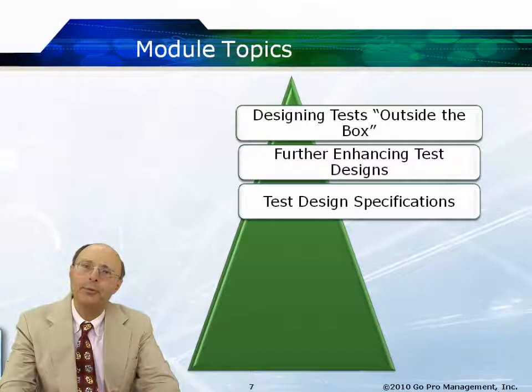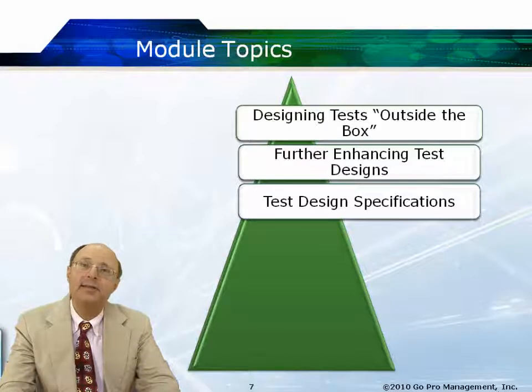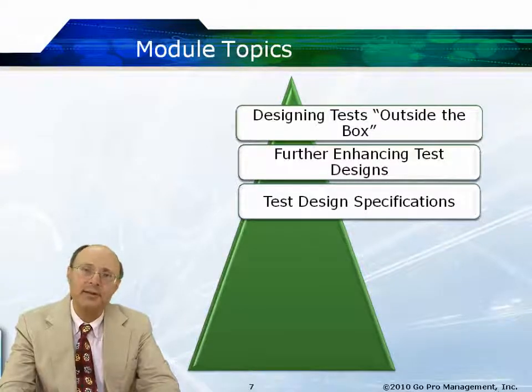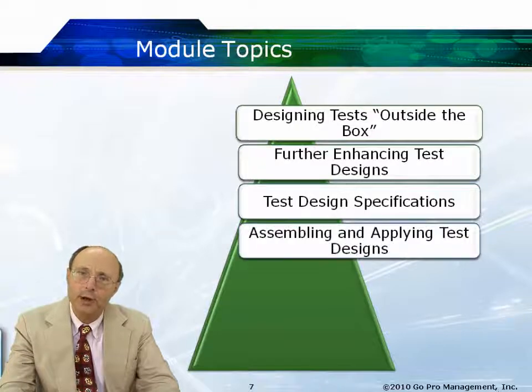And then we will see how this information gets captured in a test design specification. And we'll see that we have both informal and formal test design specifications. We'll look at the strengths of each, the issues with each, how they relate to each other.